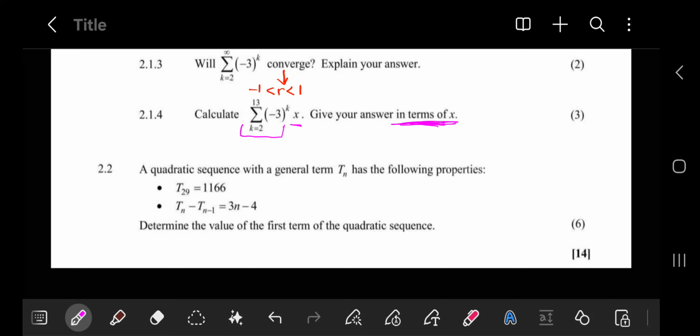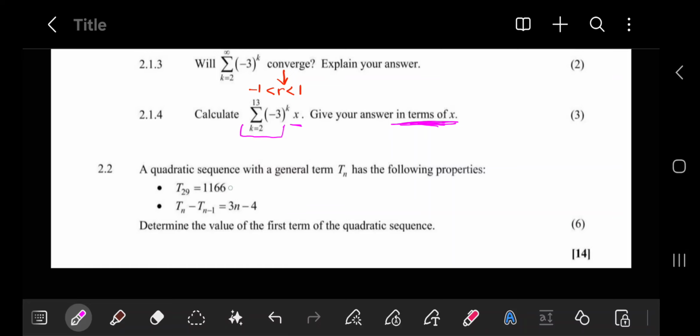Okay, let's go on to 2.2. It says a quadratic sequence with a general term Tn has the following properties. Term 29 is 1166, and Tn minus 1 is 3n minus 4. Okay, firstly, two extremely important bits of information that is going to allow us to solve this.